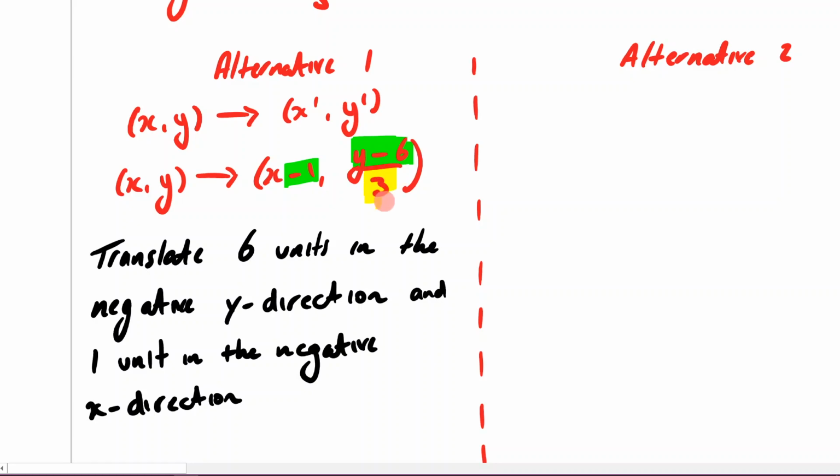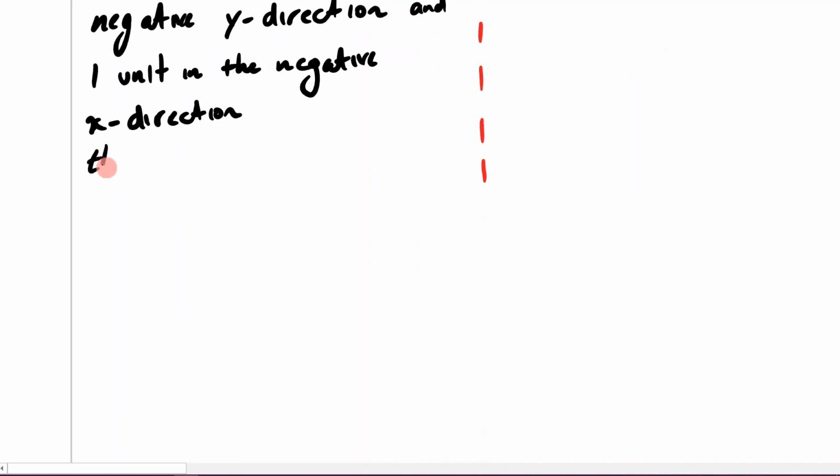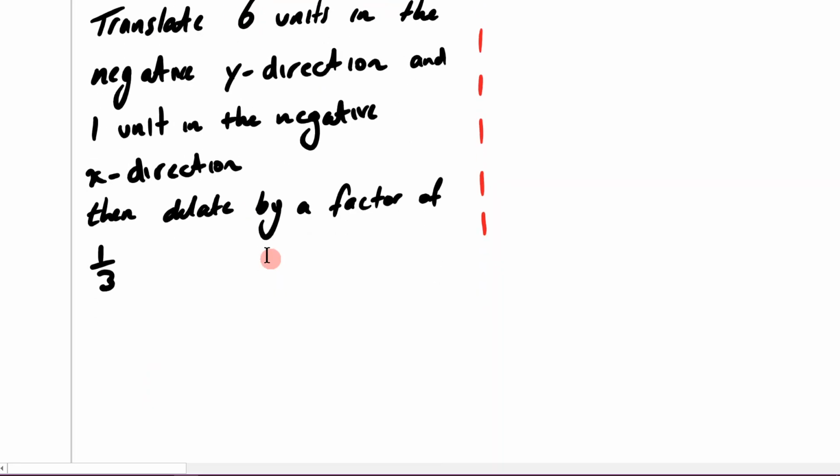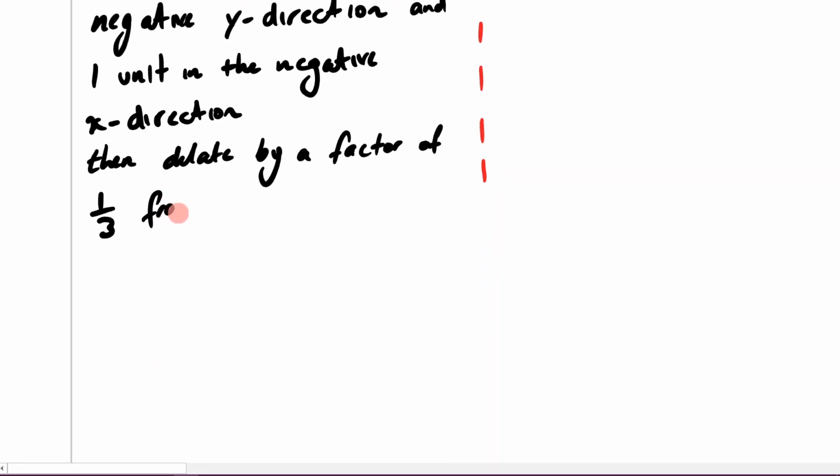So that means that the next thing that happens is I perform the dilation. First I did the translations, then I do the dilations. So remember that all important word, then dilate by a factor of 1/3, because I'm dividing by 3, so it's a factor of 1/3 from the x-axis.